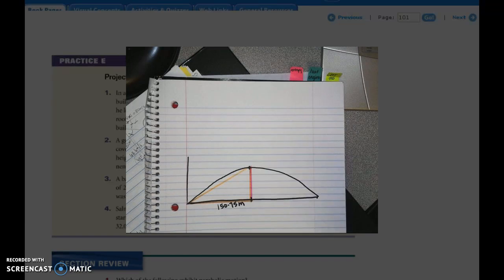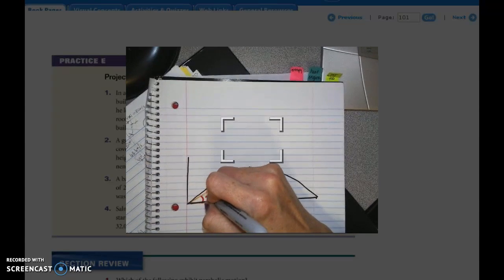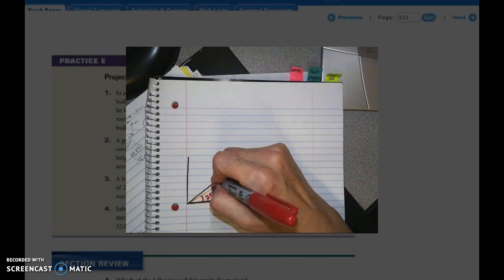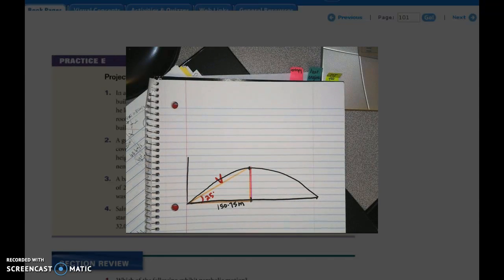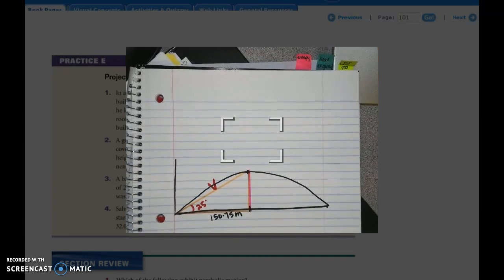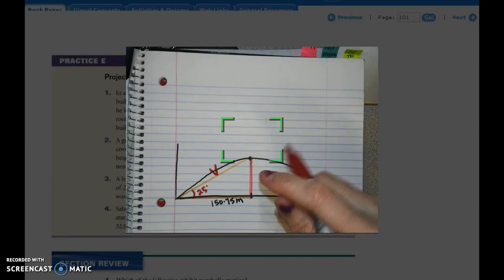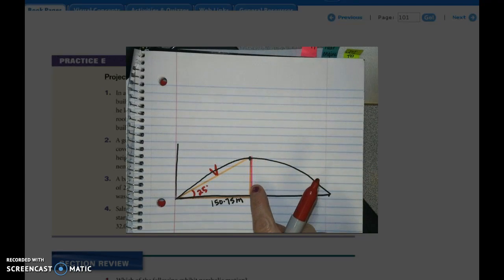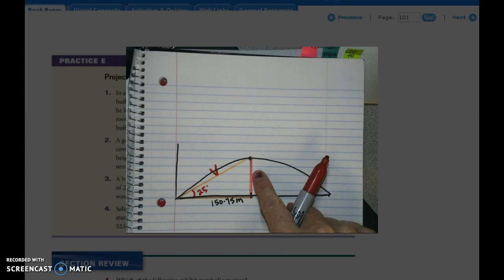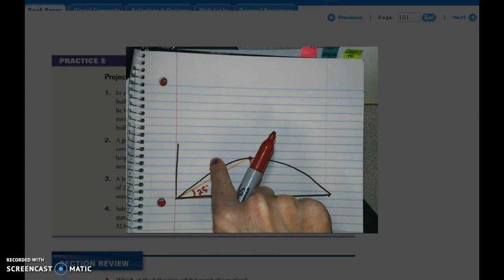So we can say, this is a 25-degree angle, remember? And we can say that it left the tee at some velocity v. I don't know what that is, but if I want the y velocity vector, I can do the sine of 25 is equal to v sub y over v.